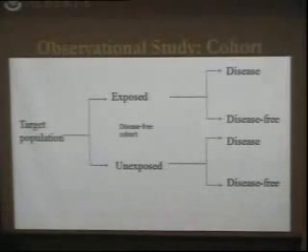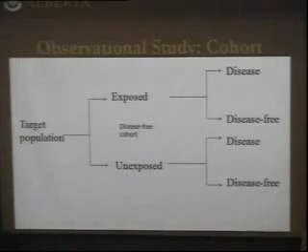A cohort study is prospective, usually in time, because what you're doing is you're looking for people who had an exposure, and then you follow them forward in time. So there was a controversy when computers and video display terminals first came out, when there were these huge honking TV sets on top of the desk.